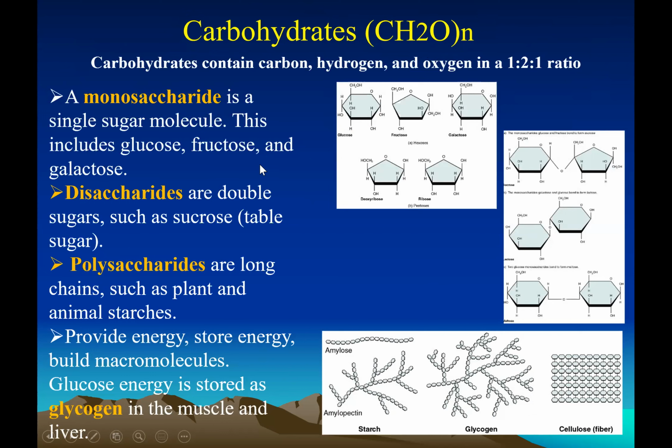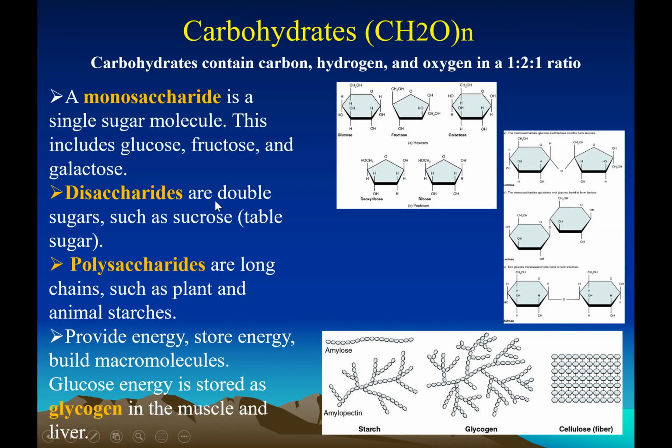A good example of a monosaccharide is glucose. Here is a chemical structure of glucose. There's a carbon here and hydrogen, hydroxyl. Fructose and galactose are all monosaccharides.